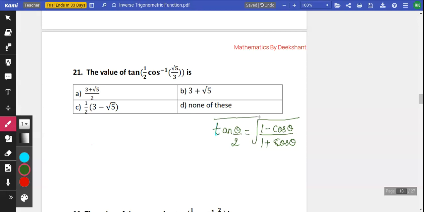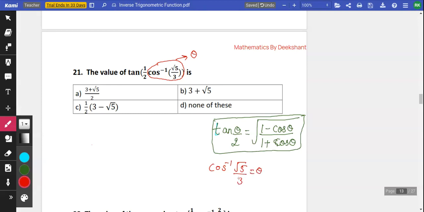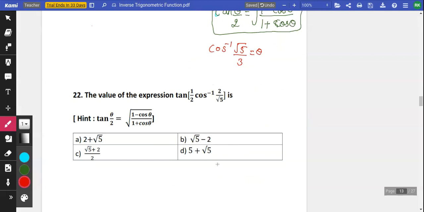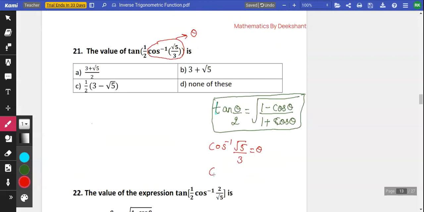This is the formula of tan theta by 2. Now, in this question, suppose cos inverse square root of 5 upon 3 is equal to theta. We can write this as cos theta is equal to square root of 5 upon 3.